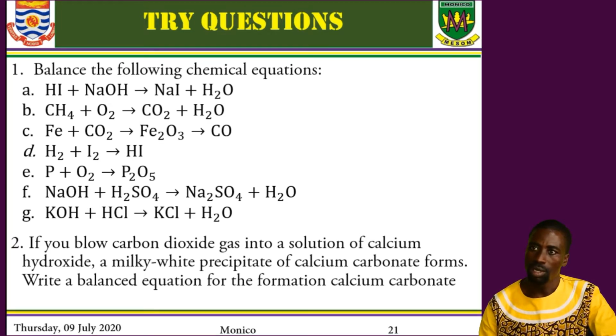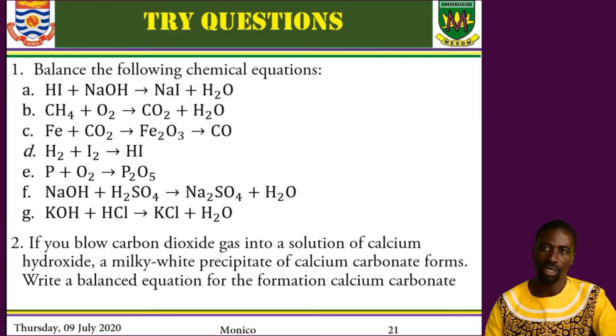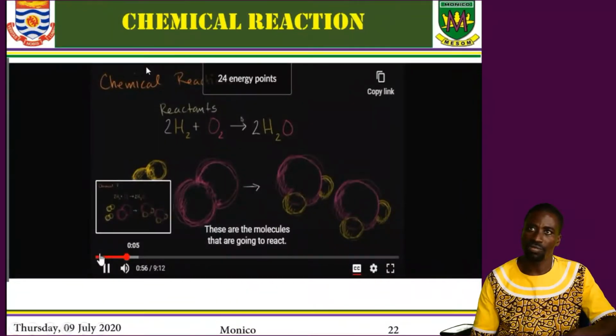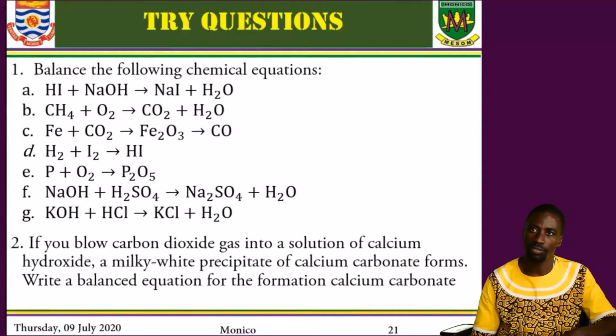So I wish you well, stay safe, and then we'll meet again in chemical reactions. Thank you once again. This now brings us to the end of writing of chemical formula. So please try as much as possible to study this. It's very simple, as we know, and if you're able to go through these trial questions, then you can call yourself a master of the concepts.